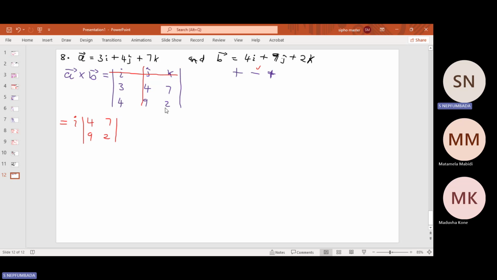But the next sign is minus, is that so? We write minus, then we copy this with its sign. Then we write the numbers that are not crossed. Then we move that line. Then our k is plus. Then we copy the numbers that are not crossed.